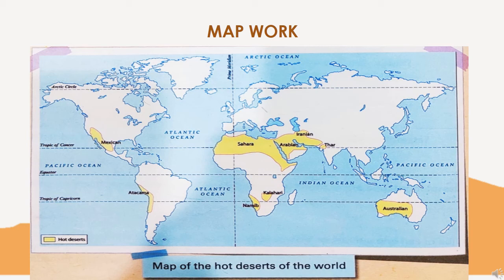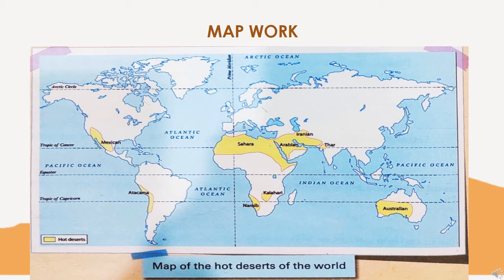From the equator to the Tropic of Cancer, most of the Sahara Desert is there, and so it is the hottest desert of the world. Then you can see the Arabian Desert, the Iranian Desert, and lastly the Thar Desert, that is in India, in Rajasthan.